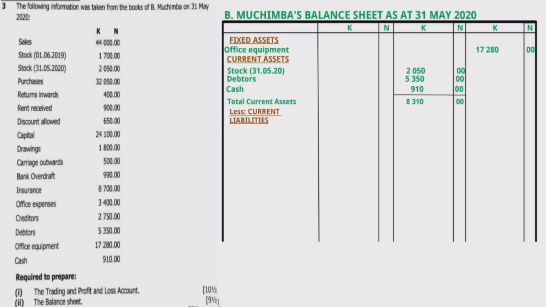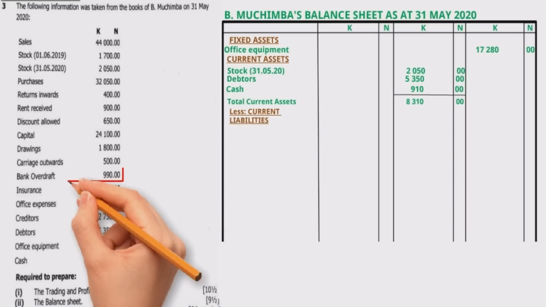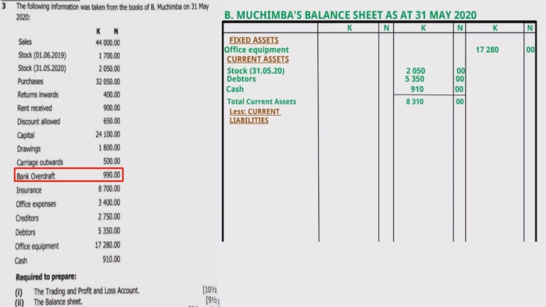So first we are going to find the working capital, then we come to net assets. Next we're going to write the first current liability, which is bank overdraft, that is 990 kwacha.